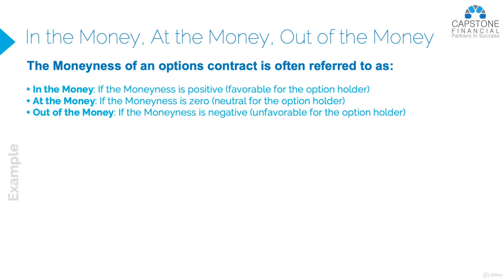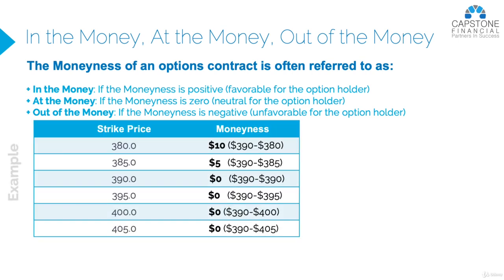Let's take a look at an example. $380 strike price, $390 stock, in the money. If we do the same math, we are in the money. As we discussed earlier, we are at the money if we buy the strike that is trading as close to where the stock is trading on the open market at that point in time.